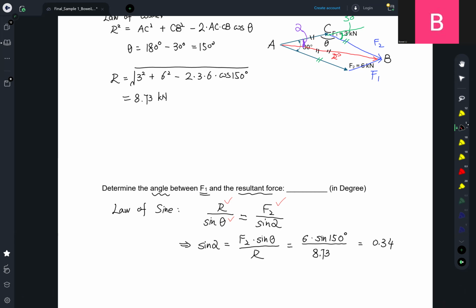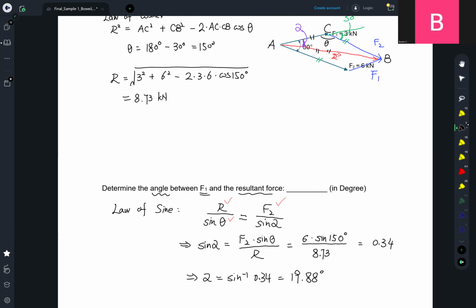Alpha equals the inverse sine of 0.34, which is around 19 degrees.